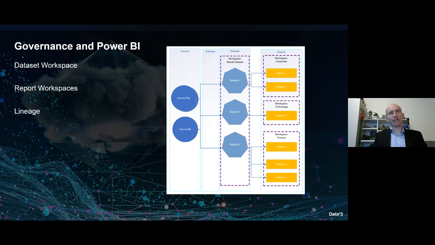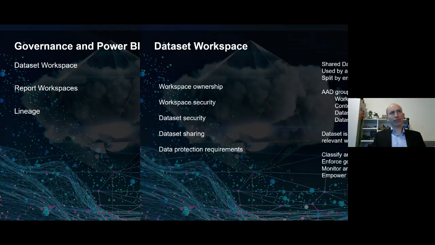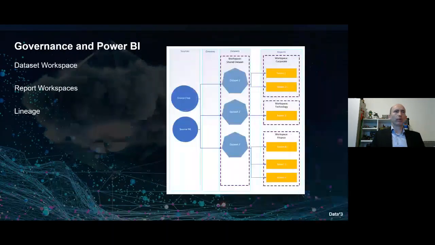Those shared datasets are then used by multiple different reports through multiple different report workspaces. On the next few slides, I'm going to deep dive a bit more into what these are. Next slide.